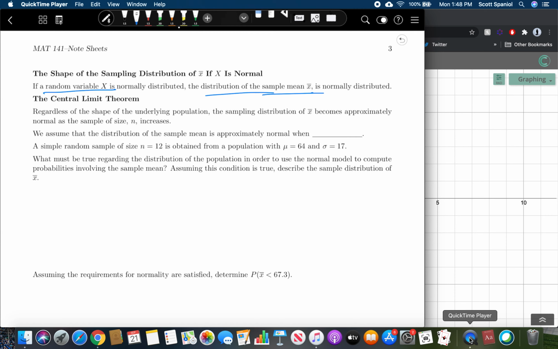However, if your data isn't normal, the central limit theorem can help us decide that our distribution will be normal. Regardless of the shape of the underlying population, the sampling distribution of x bar becomes approximately normal as the sample size n increases. We assume that the distribution of a sample mean is approximately normal when n is greater than or equal to 30.